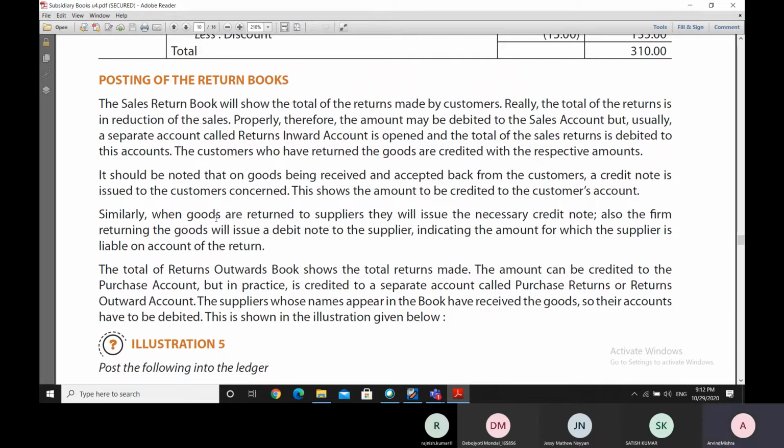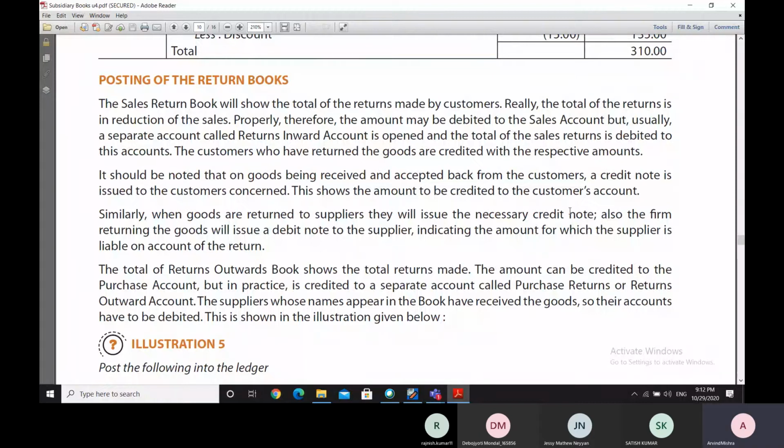Similarly, whenever the purchased goods are returned to the suppliers, the suppliers will issue the credit note to the person who is returning back the goods. And the firm which is returning the goods will issue a debit note to the supplier.